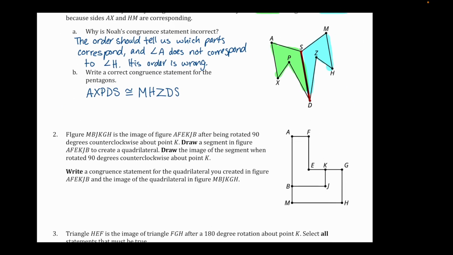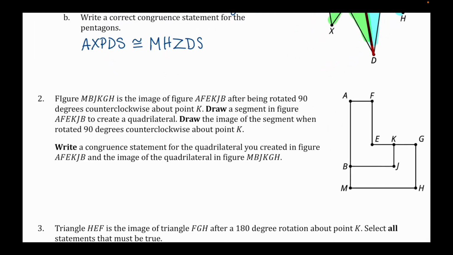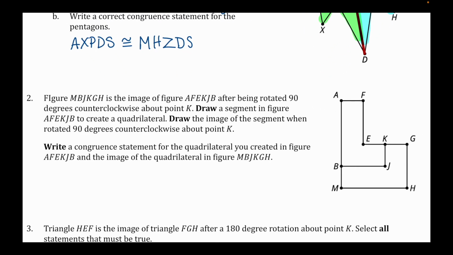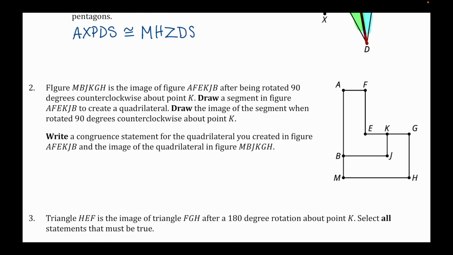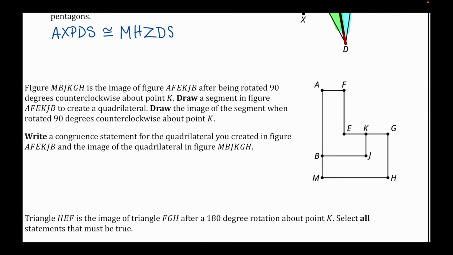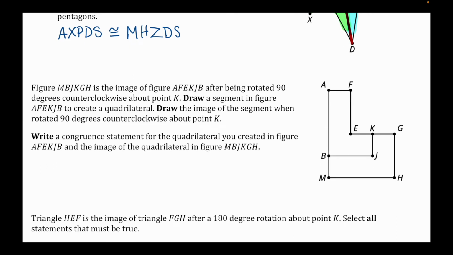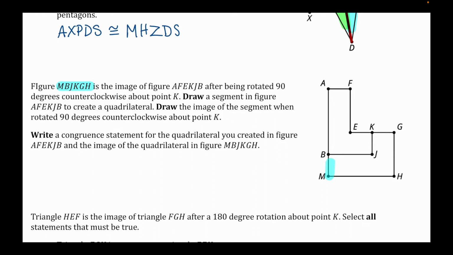Okay, looking at question 2, we have a figure MBJKGH. So let's just label this as we go through. That one's going to be blue, so that is MBJKGH.